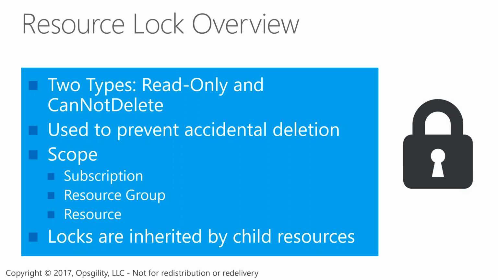So again, the purpose of these are not really security related per se, because if I have rights, I can remove a lock. The goal of it is to cause an administrator to maybe take a second look or make certain that they're deleting the right resource.